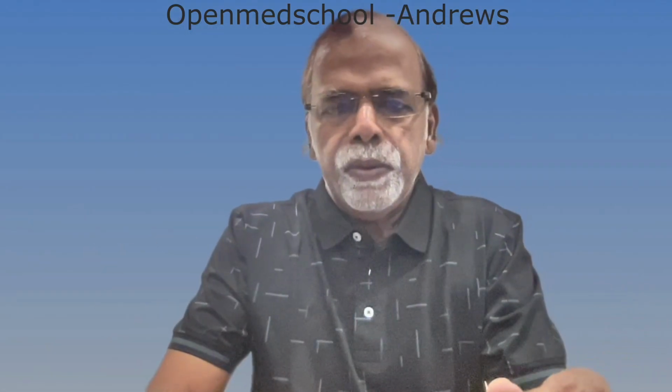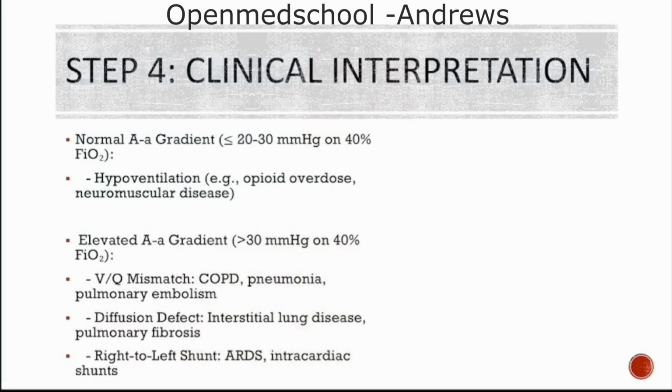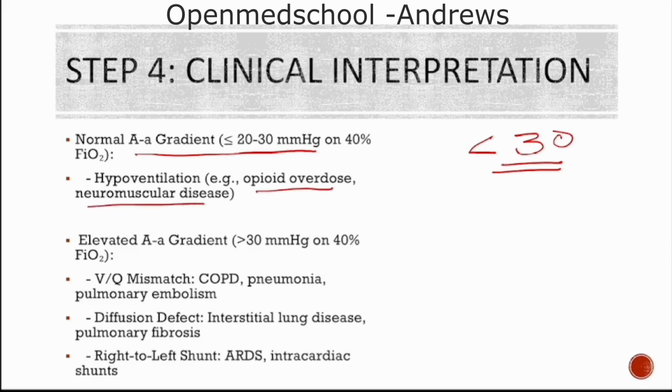So now we go to the clinical interpretation of this case. The normal AA gradient in this patient on 40% oxygen should be less than 30. When it is normal, this can occur in hypoventilation, such as opioid overuse or neuromuscular disease.